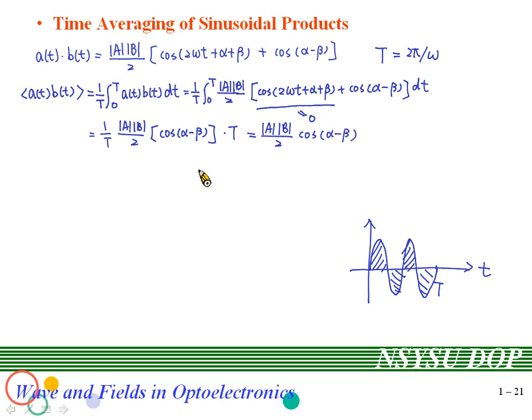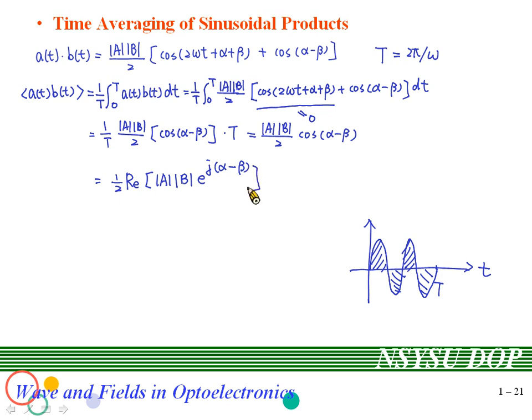Okay, and this part can be rewritten as half the real part of absolute value of A times absolute value of B times exponential j alpha minus beta.